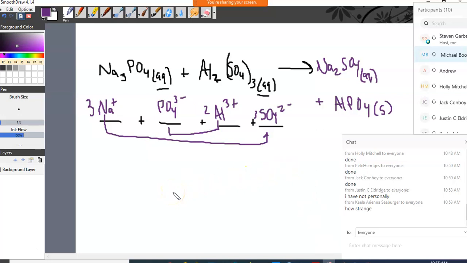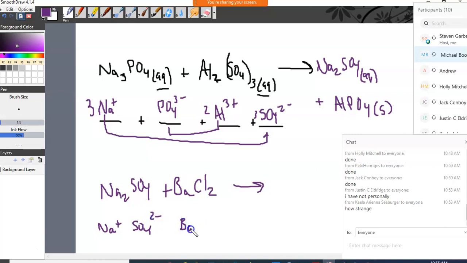All right, so what was it? Sodium sulfate and barium chloride. I'll do it so we can see. Sodium plus sulfate, and then barium has a 2+ charge because it's in group 2A, plus Cl minus.